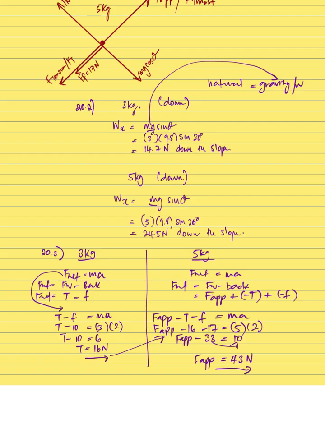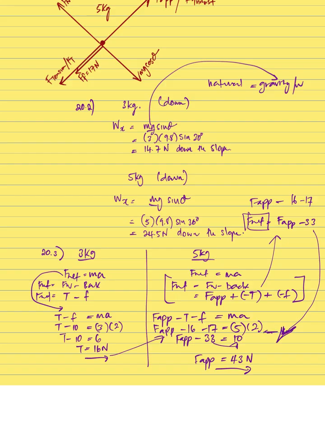So now I've answered my 2 questions. This you can do on the side, just as background, or you can actually do the calculation. I could have gone here and done F applied is equal to minus 16 minus 17, and I would have gotten that Fnet is actually F applied minus 33, and then put that value in for Fnet.